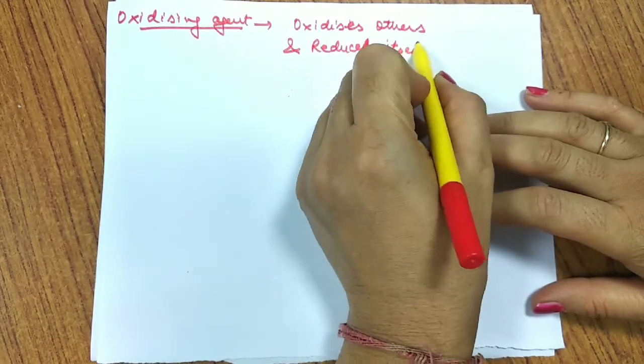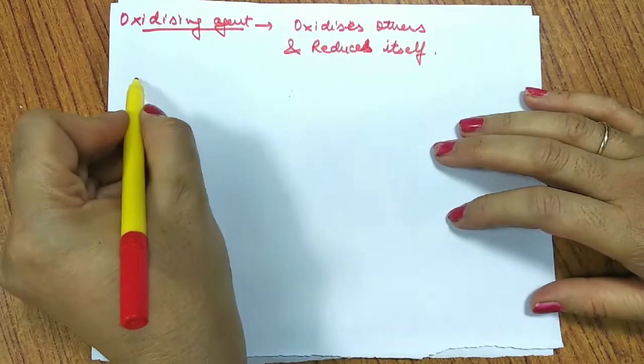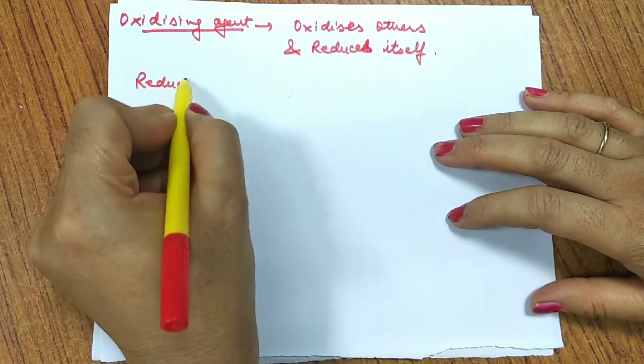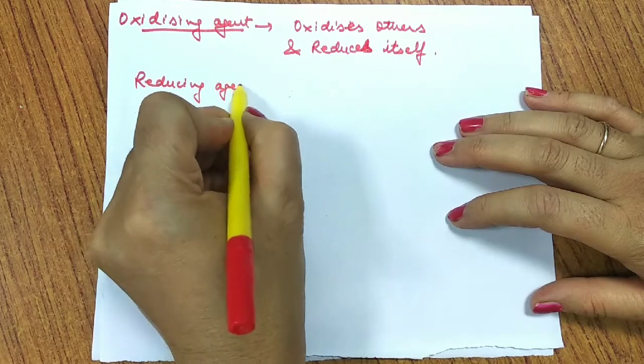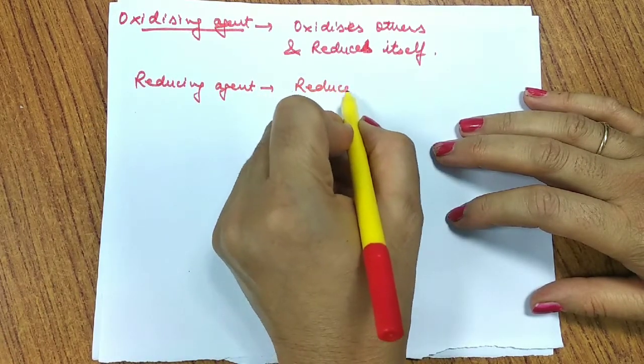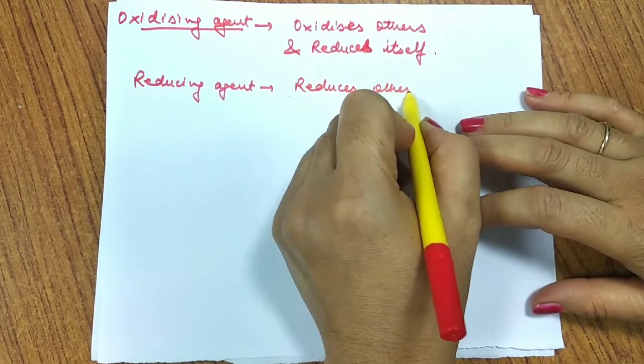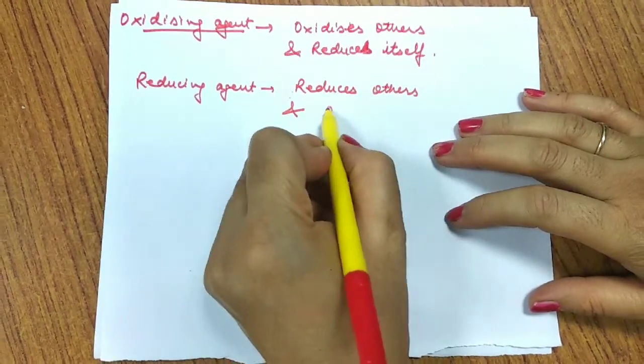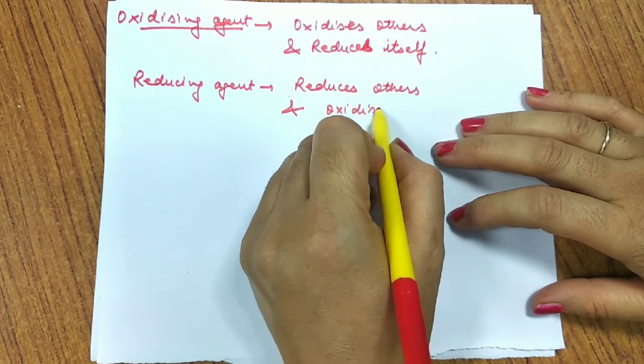We call it an oxidizing agent. Whereas a reducing agent is the reverse of that: a substance which reduces others and oxidizes itself.